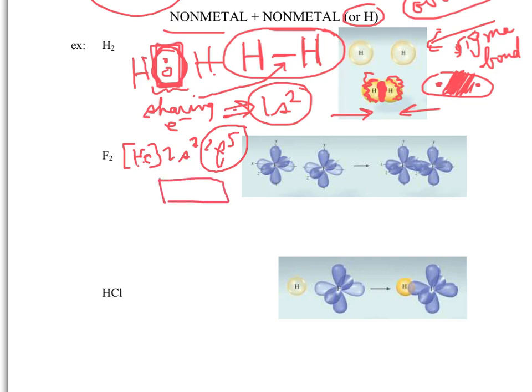Think about how those 5 electrons are distributed into the p orbitals. 1, 2, 3, 4, 5. There's the p orbital that only just had the first electron. There's the one that's empty.